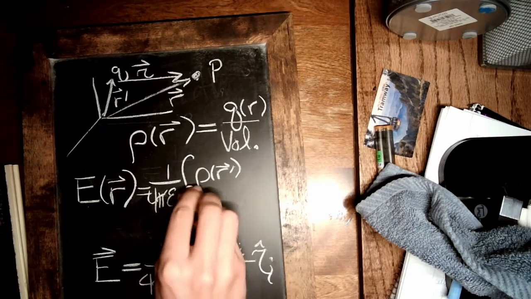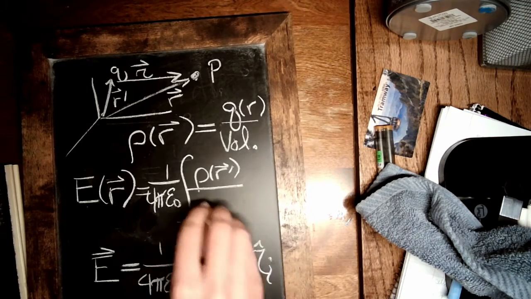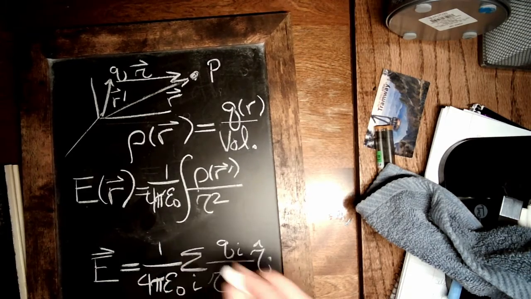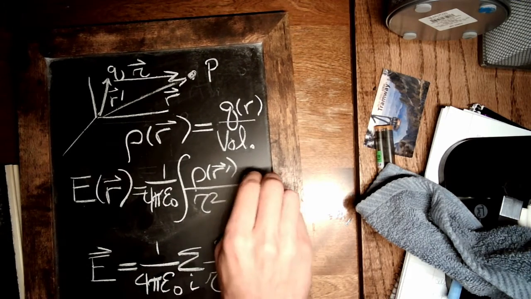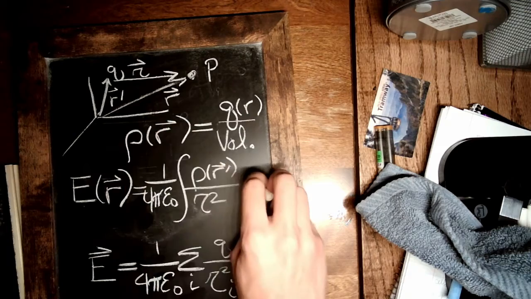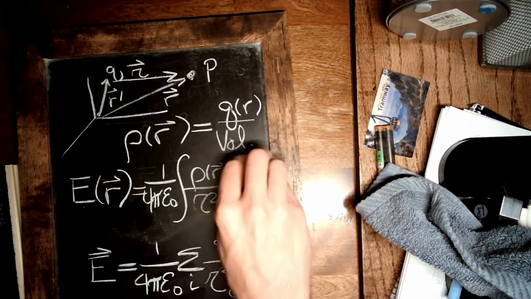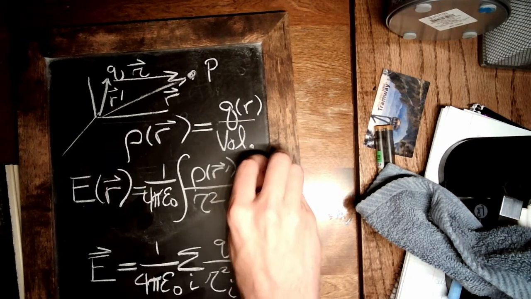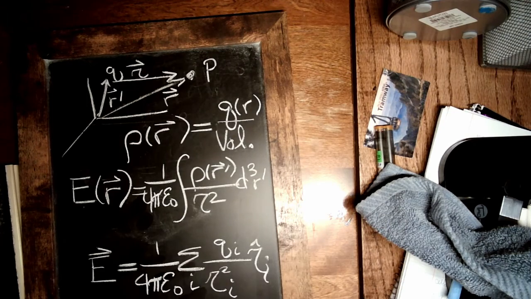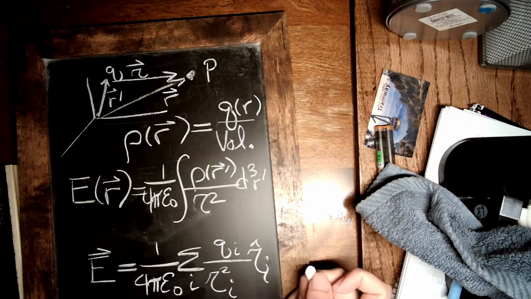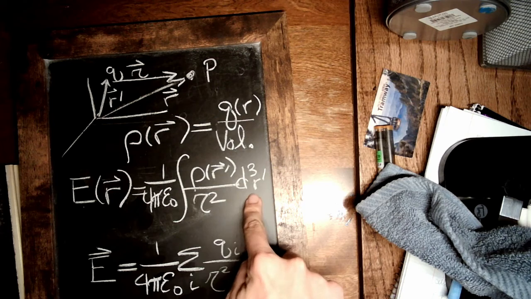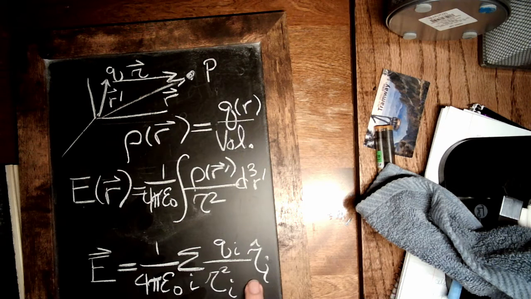So we'll say it's a function of the prime coordinates. There's our script R again, and multiplied by the volume d3r, also in the primed coordinates. The direction, of course, would still be in the direction of that script R if we wanted to include it.